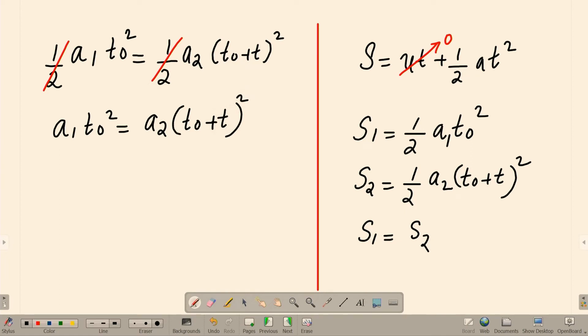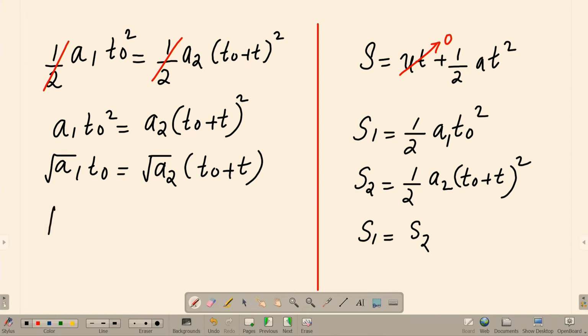Now if I take a root on both sides, under root of a1 t0 should be equal to under root of a2 multiplied by t0 plus t. Let us open the bracket: root of a1 t0 is equal to root of a2 t0 plus root of a2 t.